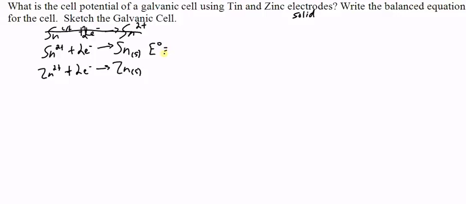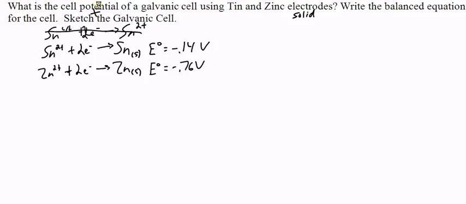For the tin half reaction we've got negative 0.14 volts, and for the zinc reaction I'm seeing negative 0.76 volts.